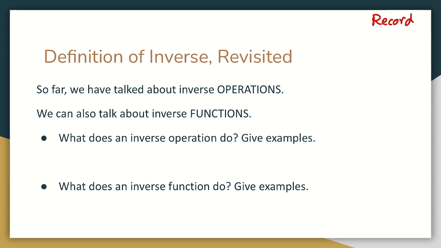So far we've talked about inverse operations, for quite a while in math. And so what does an inverse operation do? Can someone give me an example of inverse operations, and then maybe two, and then we can talk about what inverse operations do. What's the inverse operation of addition?